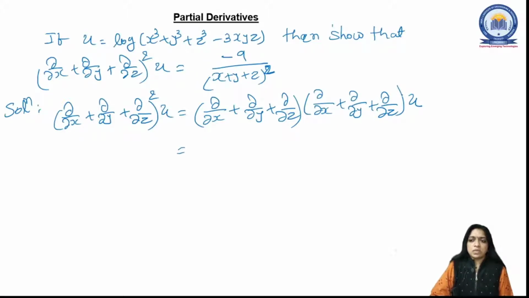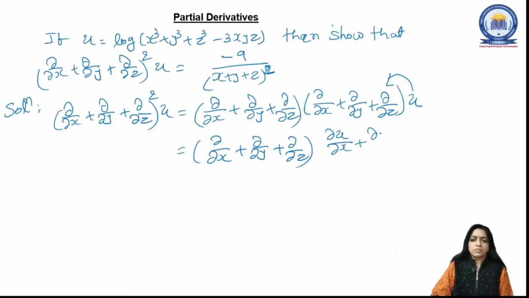Now we first apply u into the first bracket, which gives del u by del x, del u by del y and del u by del z.